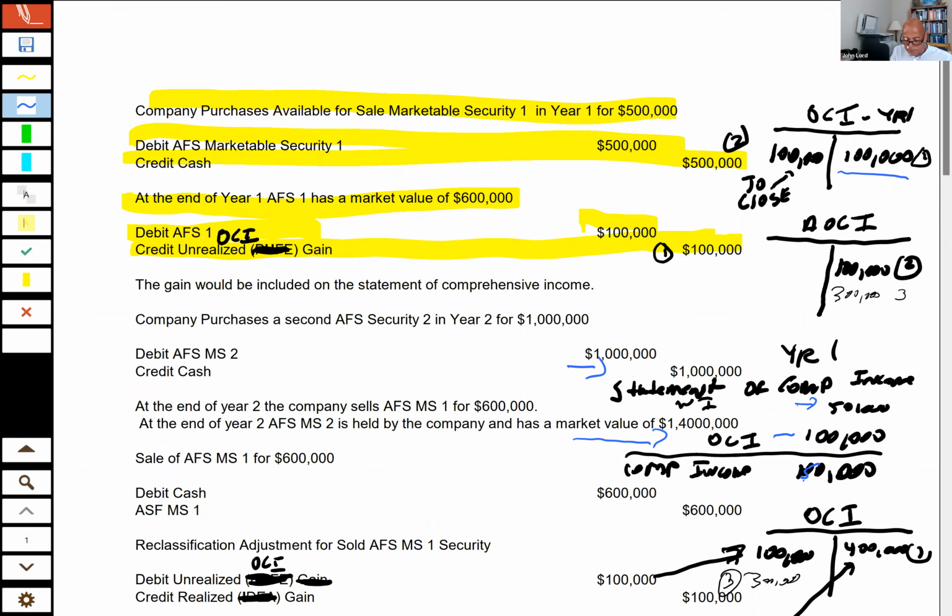As a result, the company would disclose information shown at the bottom of page F164. So let's just look at that. I don't know if it's quite at the bottom, but let's take a look at what they tell us on page F164 as to things that need to be disclosed for reclassification adjustment.